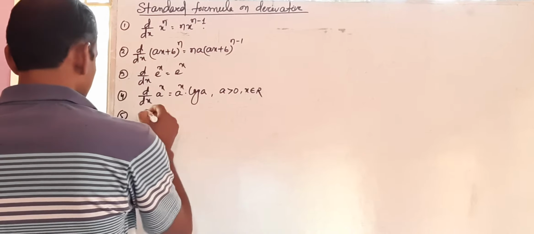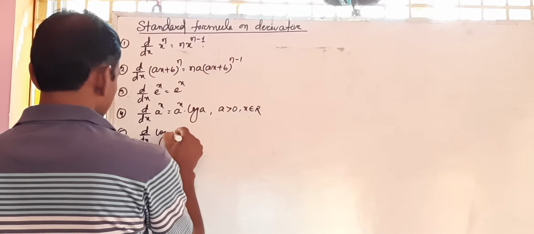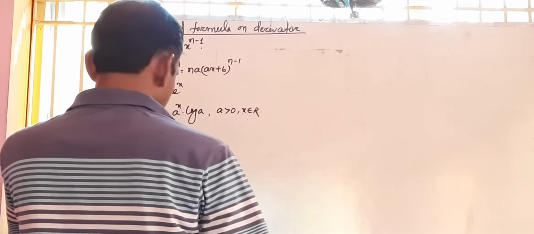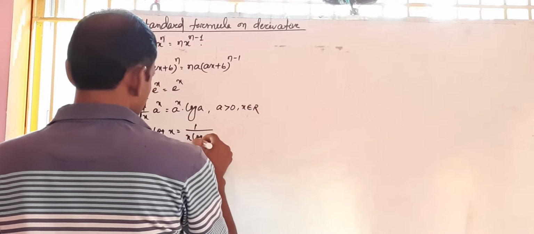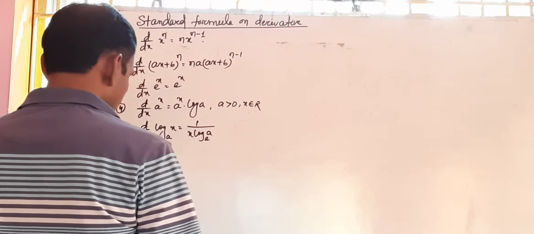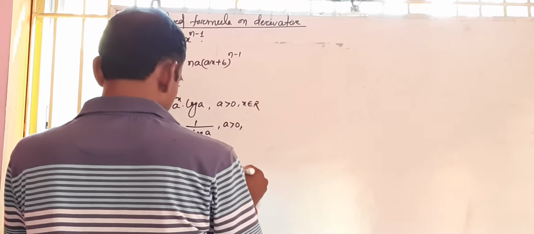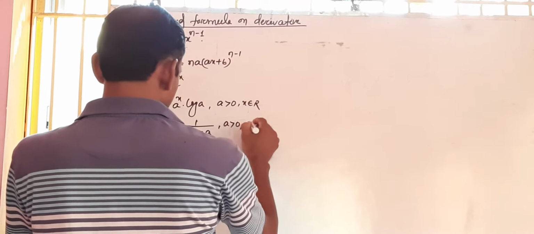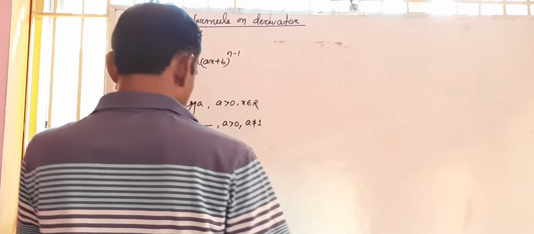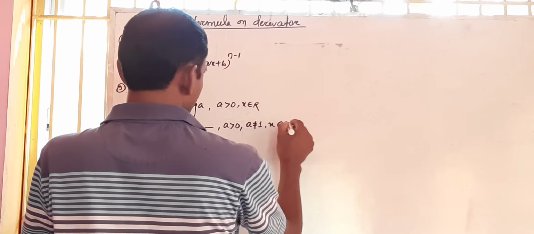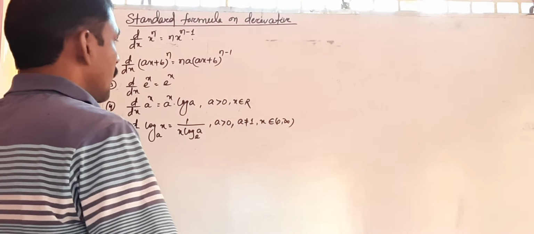Then derivative of log x to the base a is 1 by x log a. Here a is greater than 0, a is not equal to 1, and x belongs to 0 to infinity.